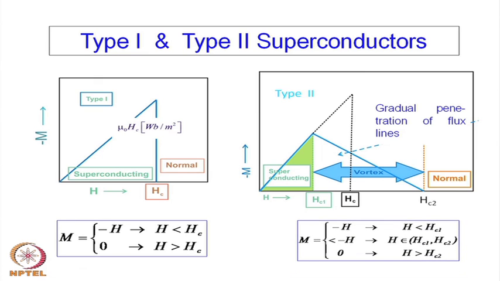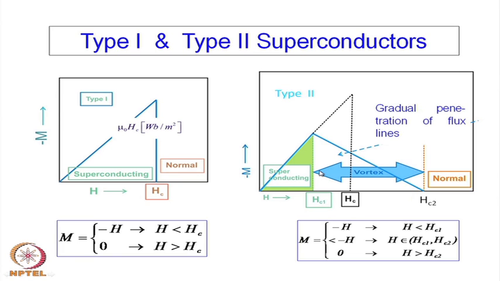These are the two diagrams we discussed last time. This is the type 1 superconductor, the characteristics of type 1 superconductor so far as the magnetization versus magnetic field is concerned. There is an abrupt change of magnetization and the superconductivity is lost at a particular value of magnetic field, which is known as the Hc.